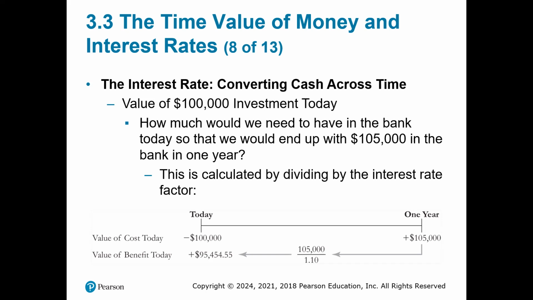So the value of $100,000 investment today, how much would we need to have in the bank today so that we could end up with $105,000 in the bank in 1 year? And this is calculated by dividing by the interest rate factor.